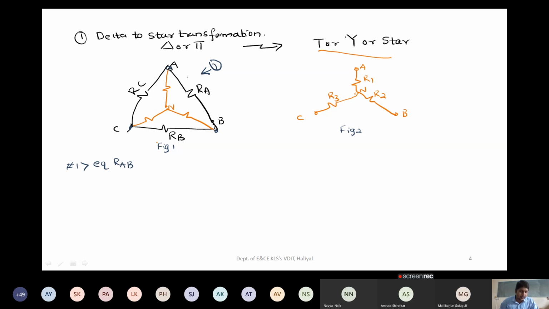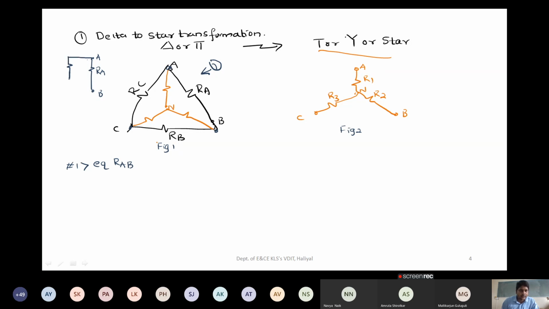I want the equivalent resistance across AB. That means I have here resistance RA. Point C is not of our interest, so we assume nothing is connected. So how are RC and RB connected now?